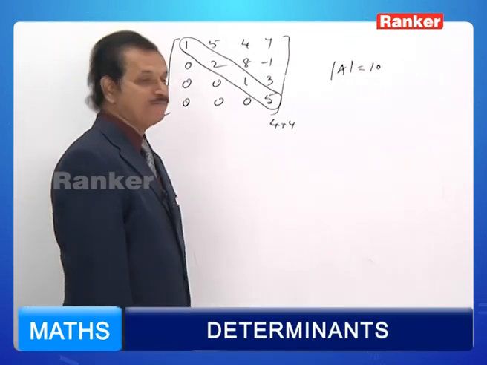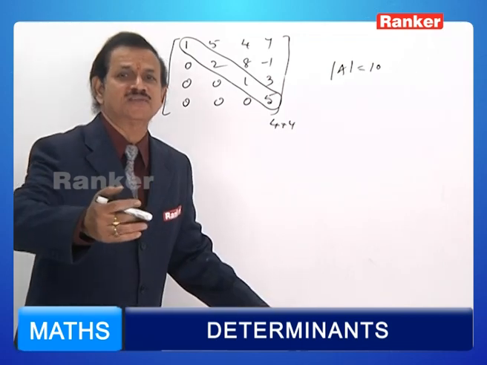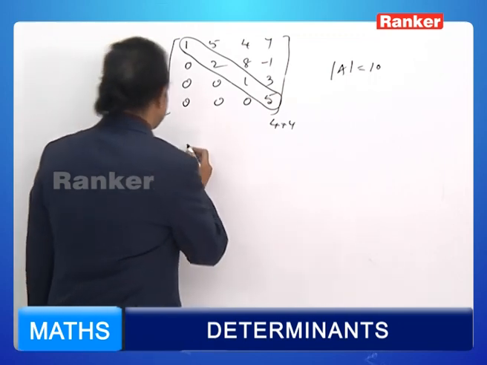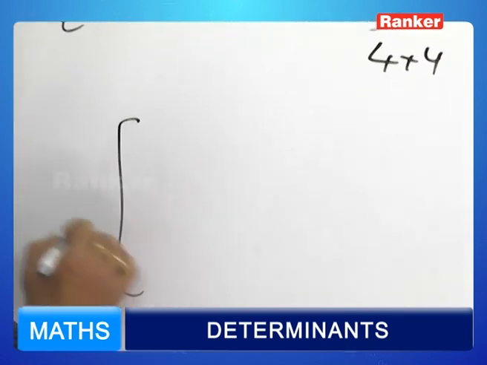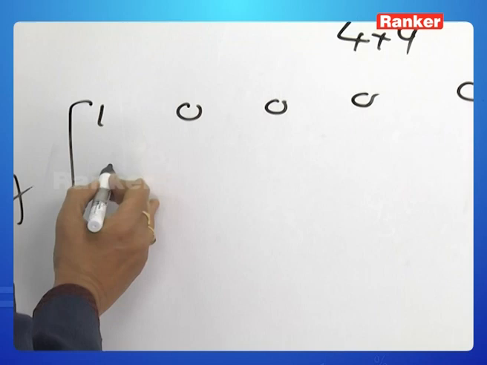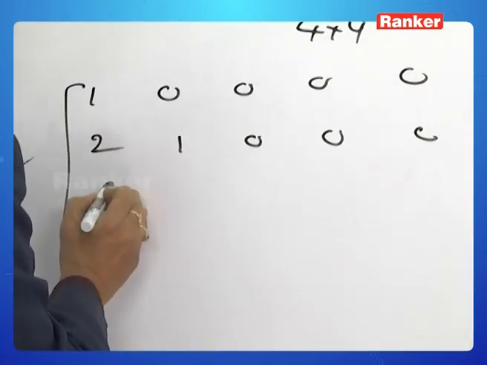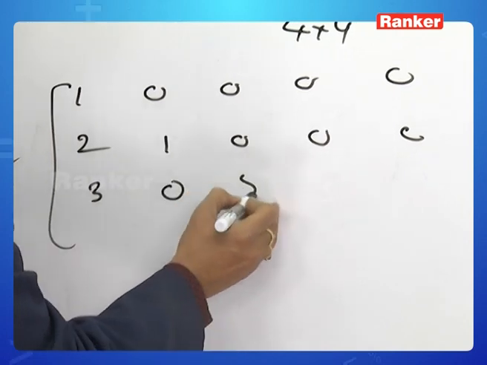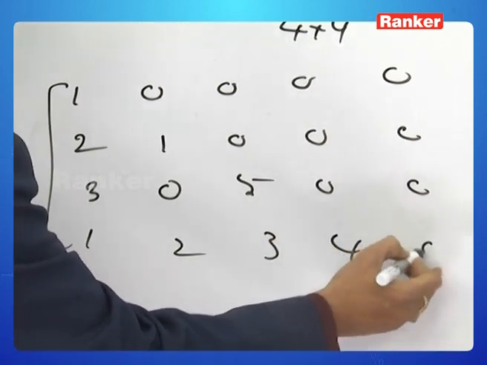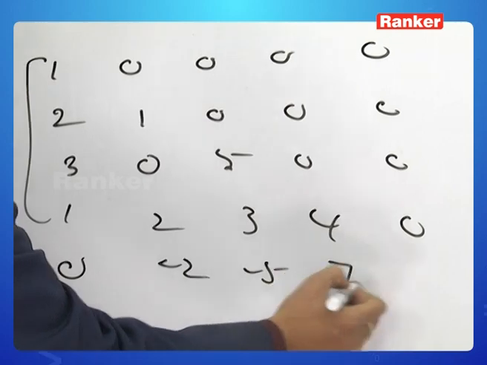Therefore, if there is an upper triangular matrix, the value of the determinant is just the product of diagonal elements. Just like that, suppose A is equal to, you observe this: 1, 0, 0, 0, 0; 2, 1, 0, 0, 0; 3, 0, 5, 0, 0; 1, 2, 3, 4, 0; 0, minus 2, minus 5, 7, 1.